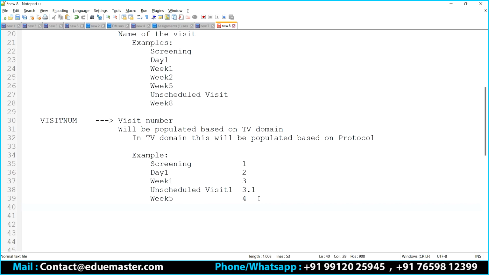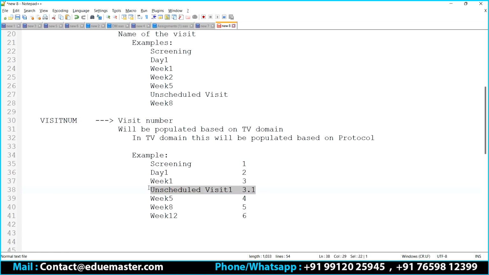After week 5, the patient is supposed to visit by week 8. Let's say that is the next follow-up, so this is going to be 5. After that, the patient needs to visit by week 12. Oh, sorry, I wrote the week number wrong. Oh, it is correct. Sorry, week 12. In week 12, it's supposed to be 6, right?